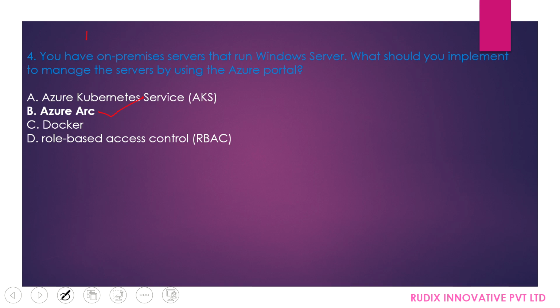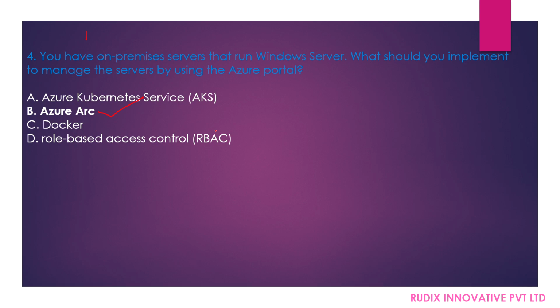So let us see why the others are wrong: Kubernetes, Docker, role-based access control. Coming to option A and option C, Azure Kubernetes Service and Docker are containerization solutions which are not directly related to managing on-premises servers through the Azure portal.